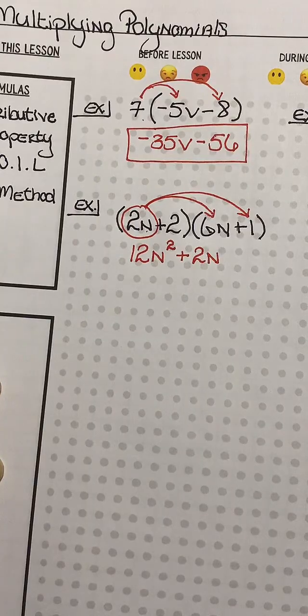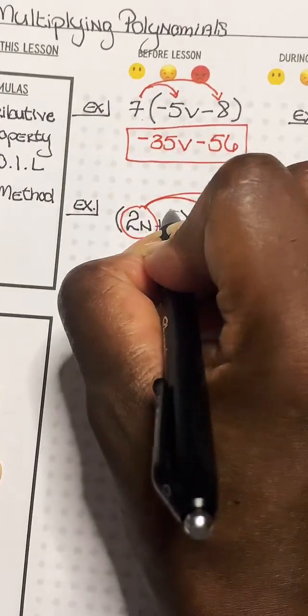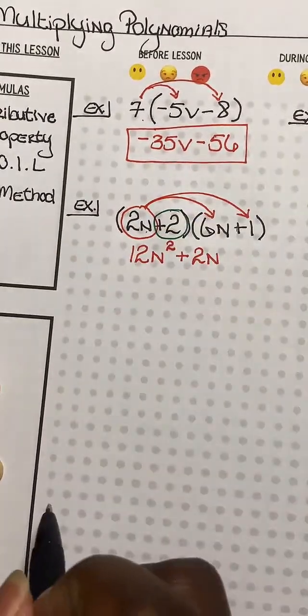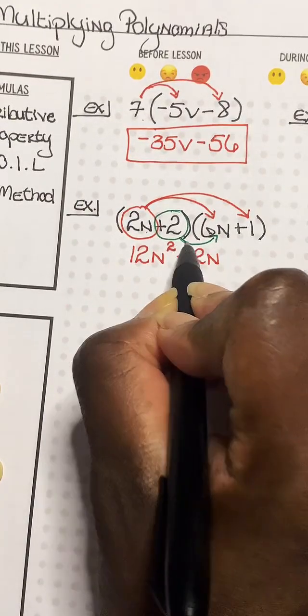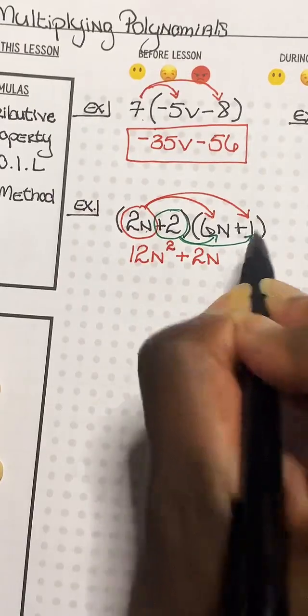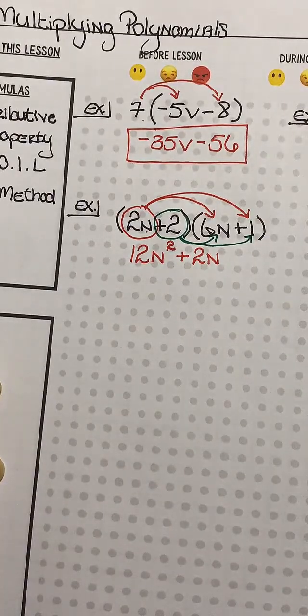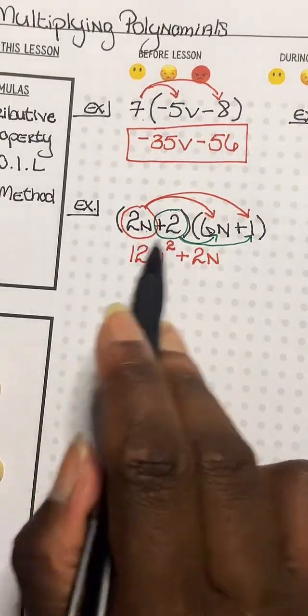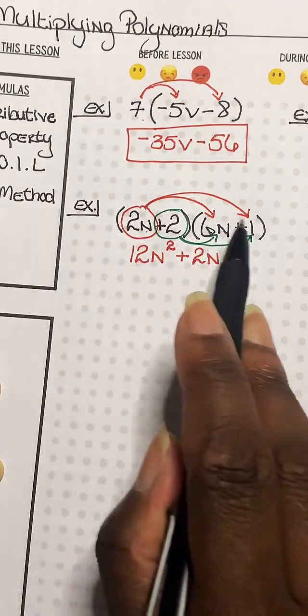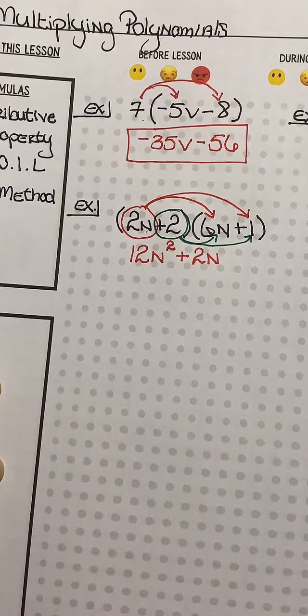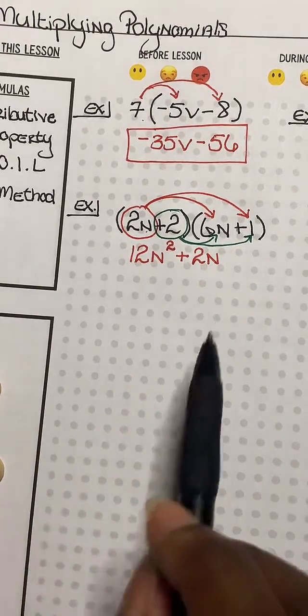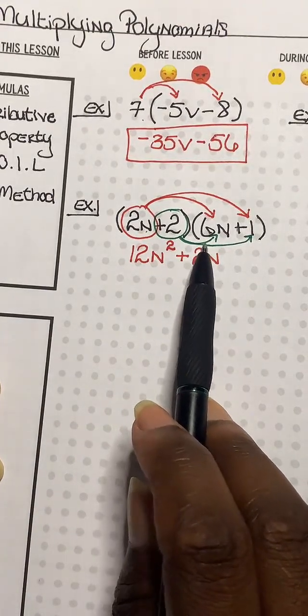So now we're going to take this positive 2 and distribute that to everything inside of the parenthesis. Everything in this first parenthesis is being distributed into what's happening in the second parenthesis.